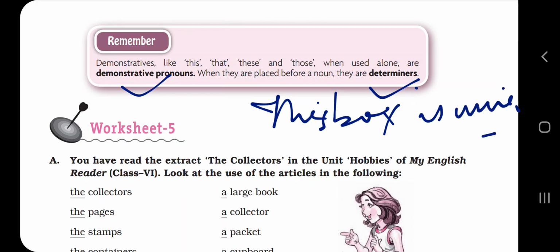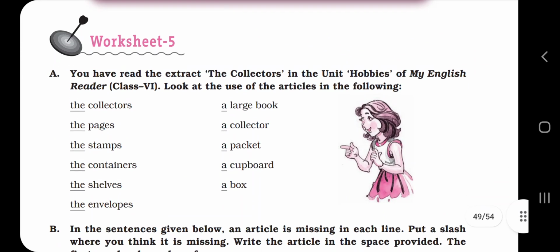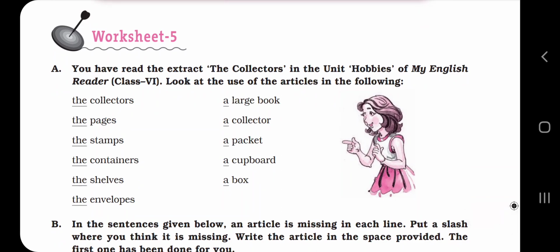If I am talking about this box, box is the noun, and this is a demonstrative determiner. It's not that difficult to understand. I hope you people are understanding it.